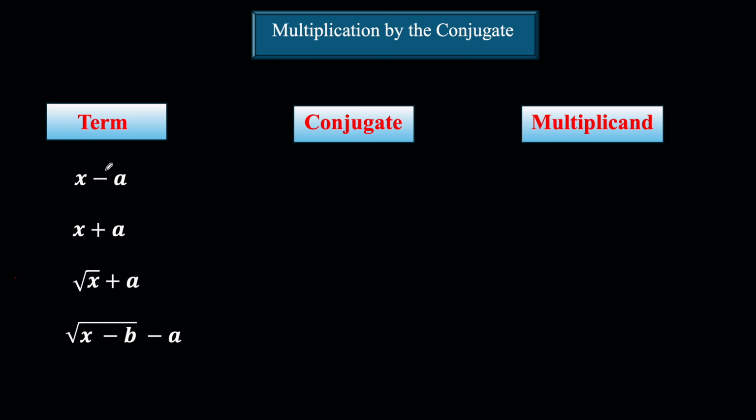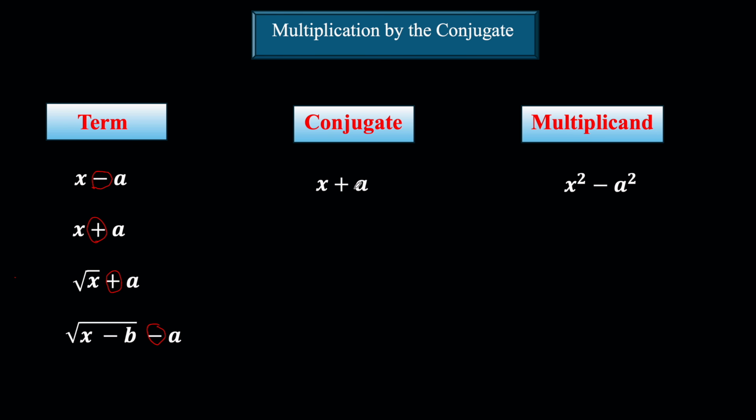Something is important: always, if I ask you for the conjugate of a term, you will only change the sign between the two terms. So the conjugate of x minus a is x plus a.